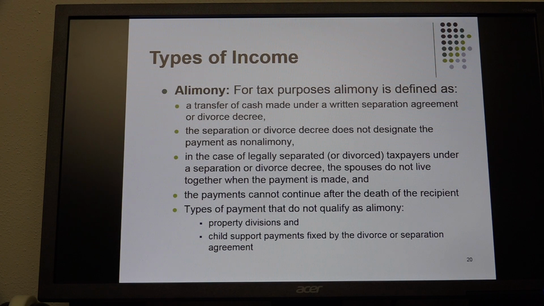And so what is alimony? Well, it's defined as a transfer of cash made under a written separation agreement or divorce decree.